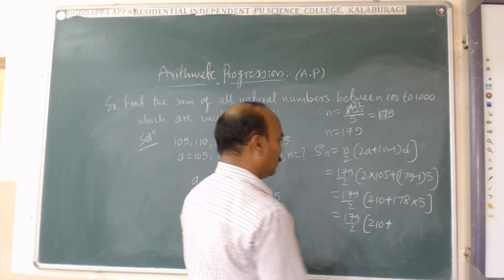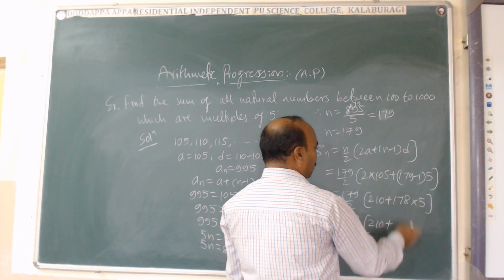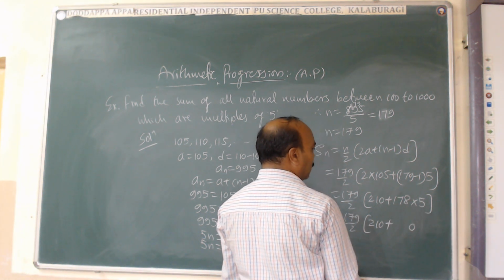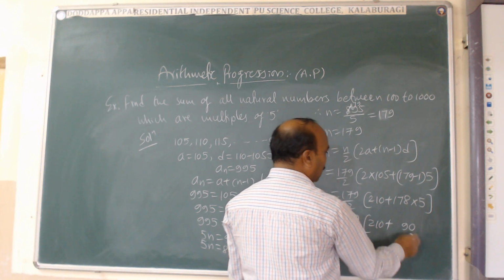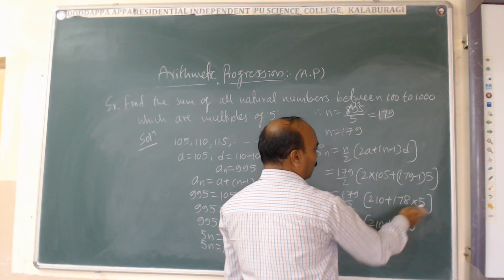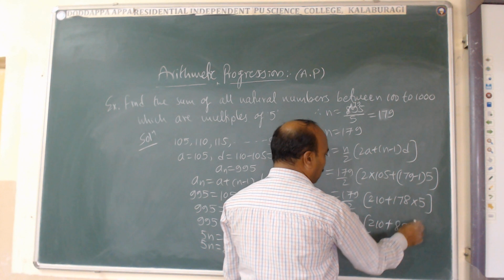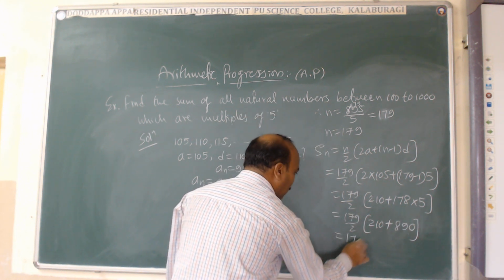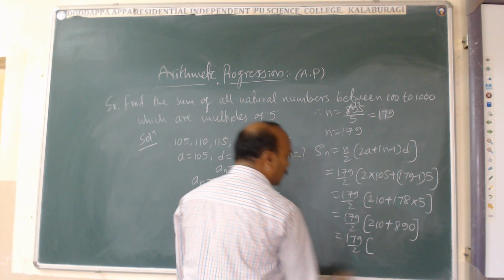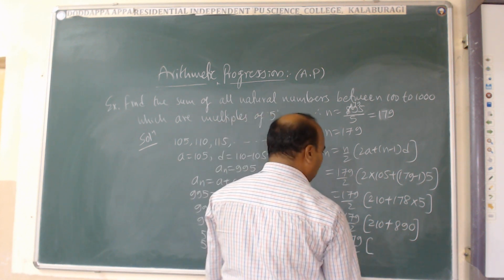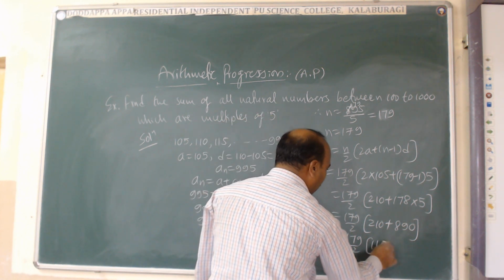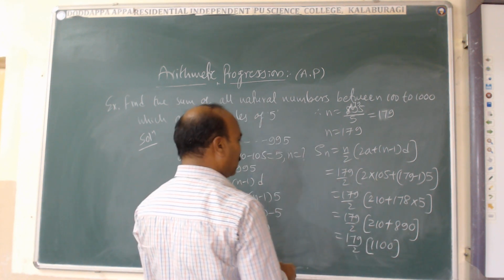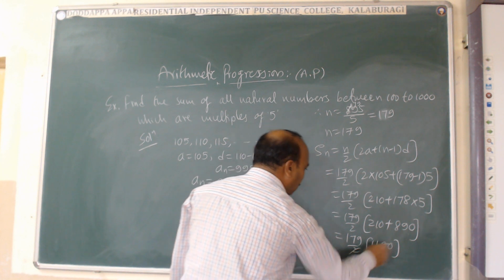Now it is 179 by 2, 210 as it is. Multiply this: 5 eights are 40, 5 sevens are 35 plus 4 is 39, 5 ones are 5 plus 3 is 8, 890. It is 179 by 2. Adding these two, it is 1100. It is cancelled.